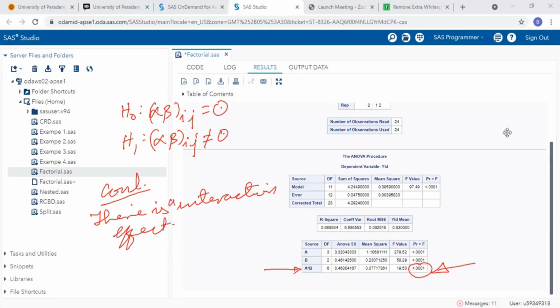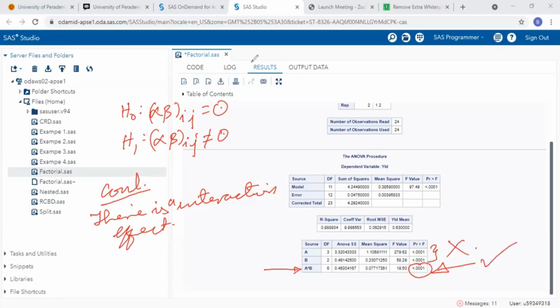Right. Now what to do? What is next? Anyone? Find out the main effects. No, main effects, we said that if there's an interaction, we don't go for main effects. I said if there's an interaction, we don't want to check the main effects because the interaction effect is significant.